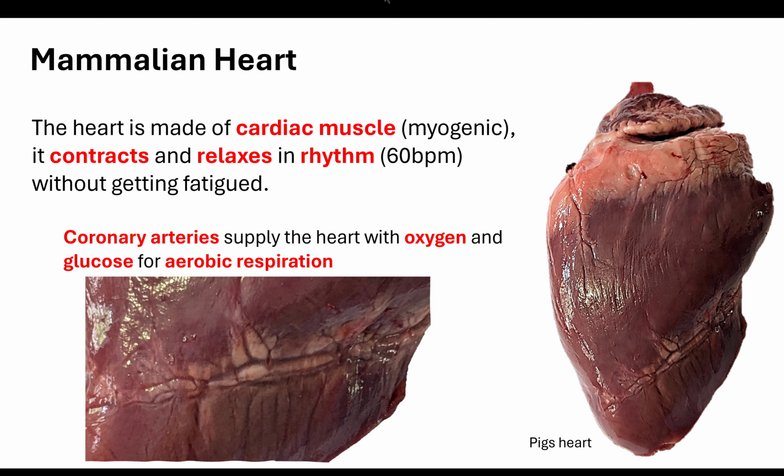So it is important that we understand the different chambers and different structure of the heart and how it is able to do its role in pumping the blood around the body. Now, when we do dissections, we tend to use a pig's heart, and the reason for this is because the pig's heart is actually very similar in size and shape to that of a human heart.